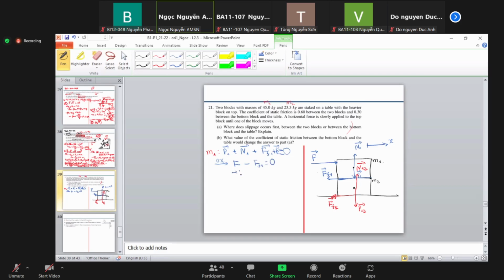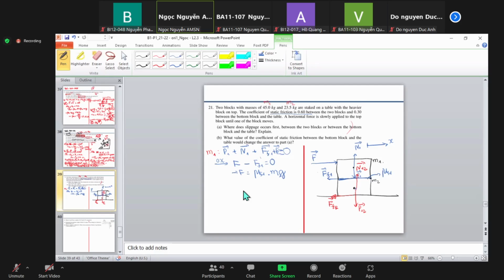Okay, so you have F here will be equal mu 0 S1 here, mu S1 is the static friction between M1 and M2 multiplied by the normal force, here just N1, so M1 G. It's okay? Yes, okay. The second law for the M1.